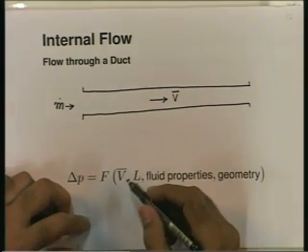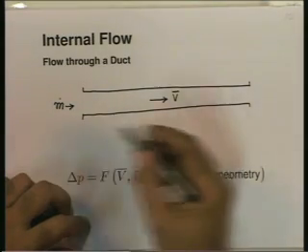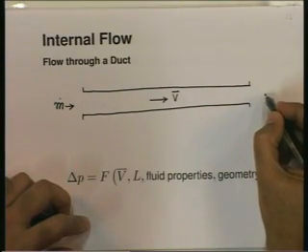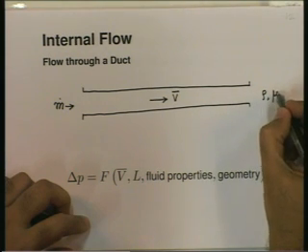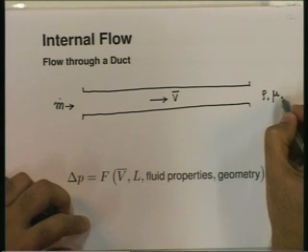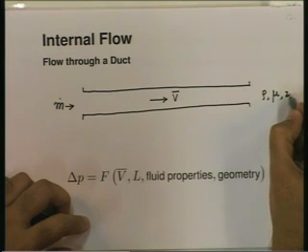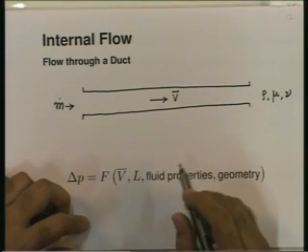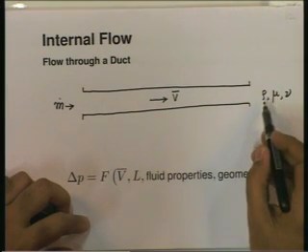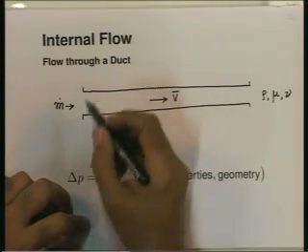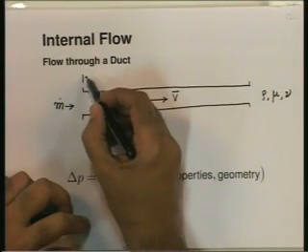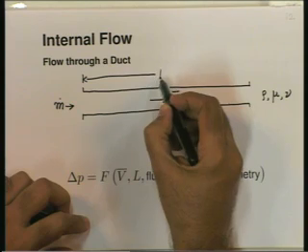There is a flow of mass, and hence we will have properties for this fluid, say density, viscosity. Sometimes we may even use the kinematic viscosity, which is nothing but the dynamic viscosity divided by the density. Let the length of the tube be L.